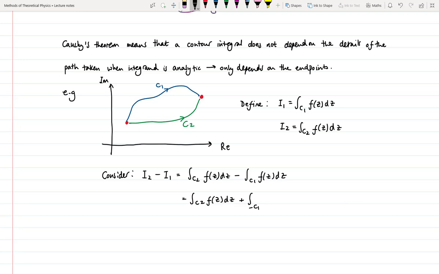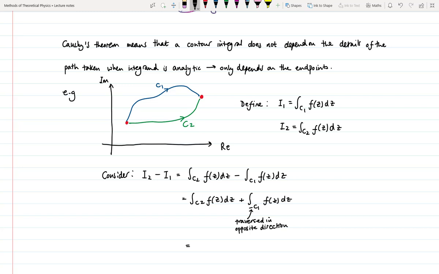Accounting for the sign means that we flip the direction we traverse the path C1 in. I'll note that here, that we get this result if we traverse this path in the opposite direction, of f of z dz.